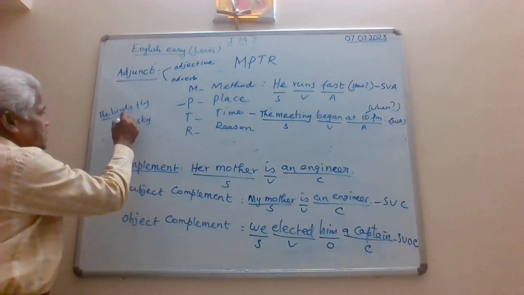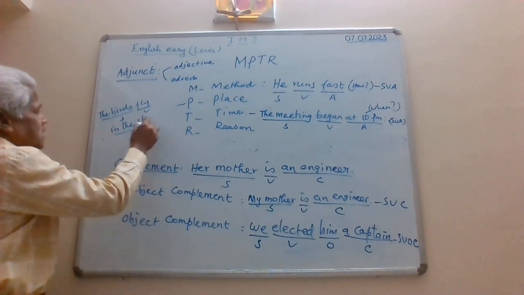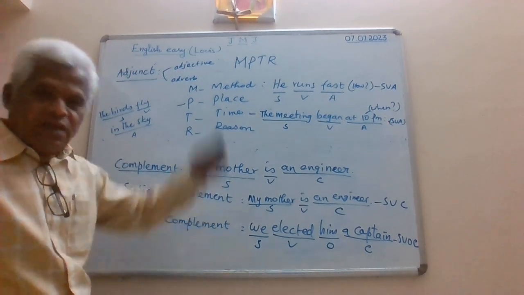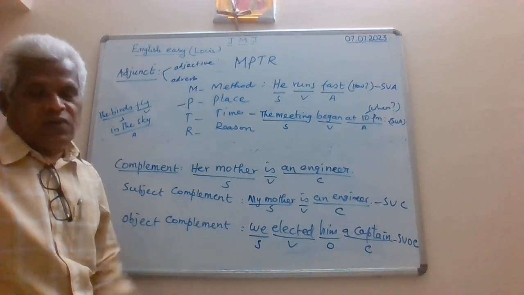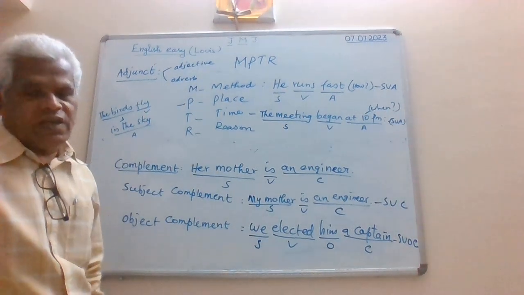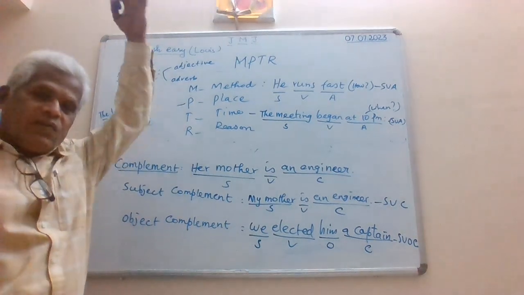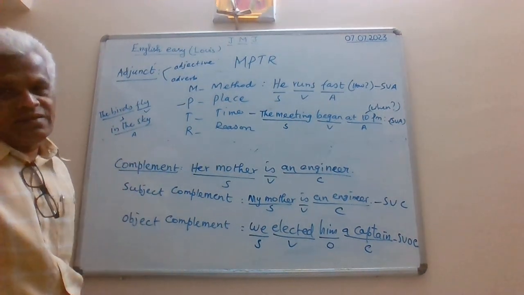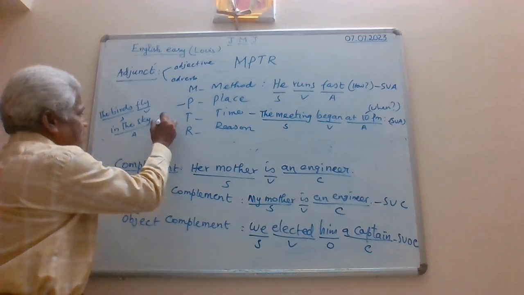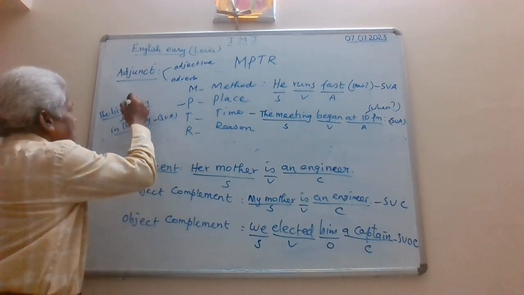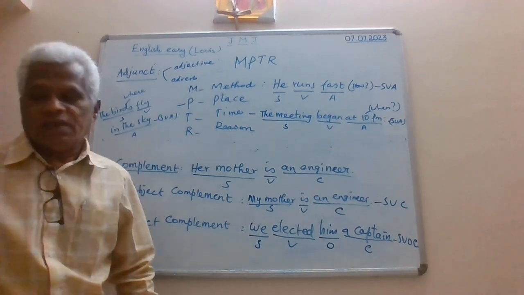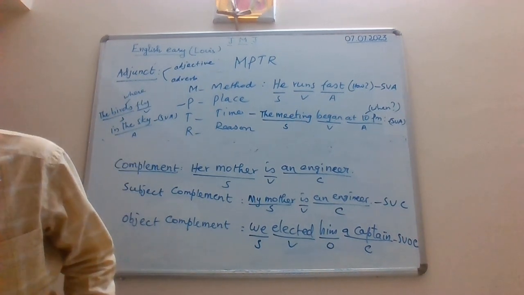The birds is the subject, fly is your verb, in the sky is your adjunct. Where do the birds fly? In the sky there. Or you can say very high. The birds fly very high. So it will answer the question where. SVA pattern of course.